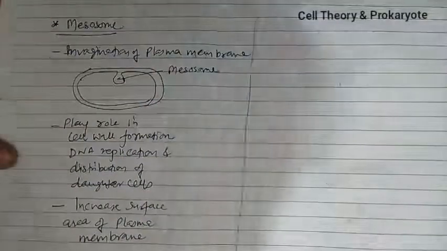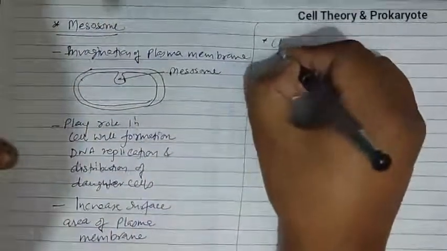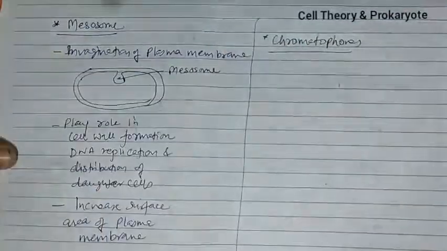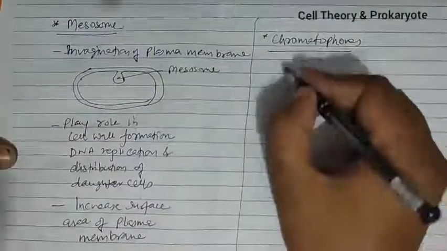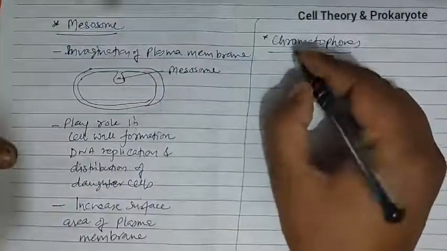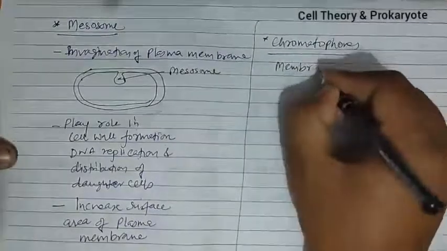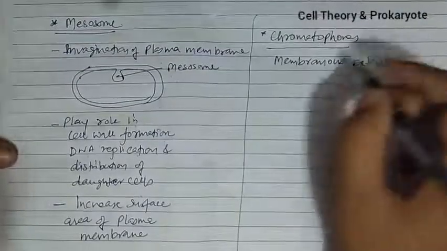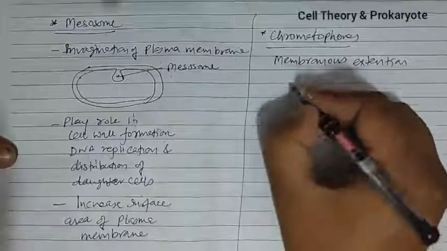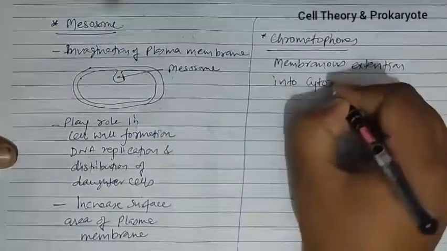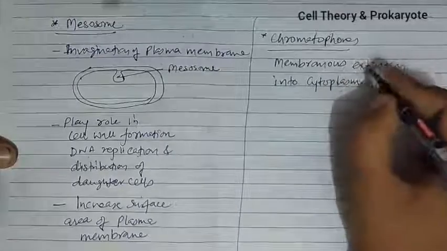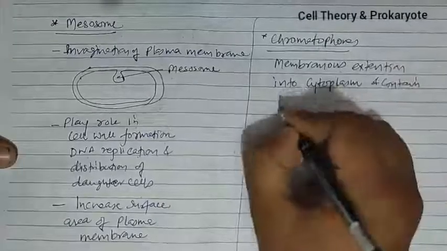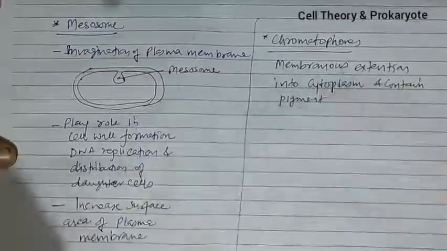In some prokaryotes we even find the structure that is known as chromatophores. So these chromatophores are membranous extensions into the cytoplasm and contain pigment.